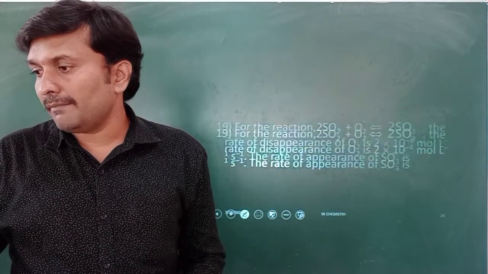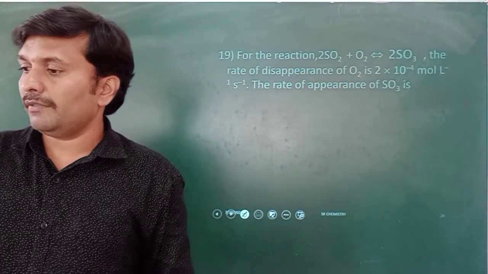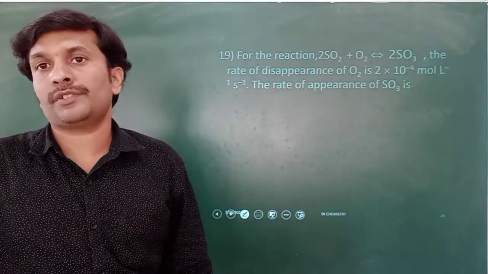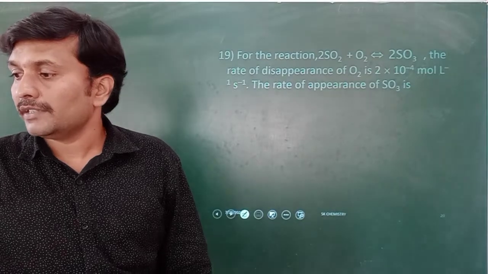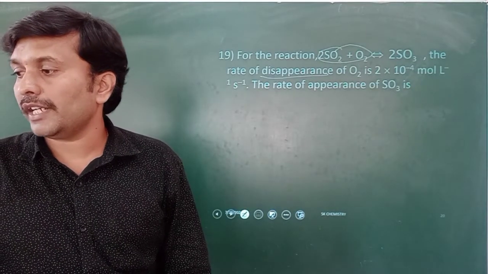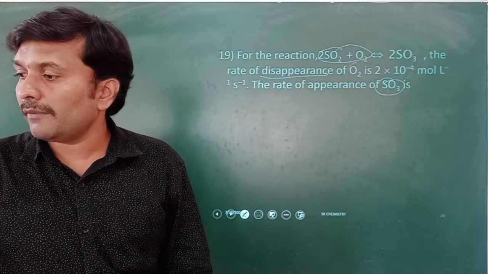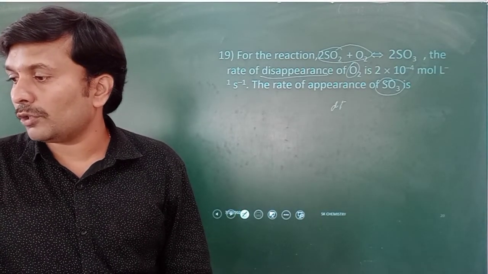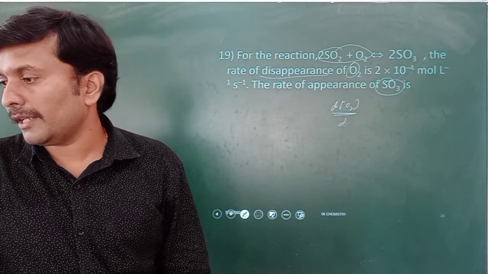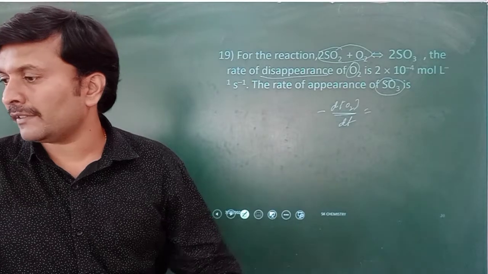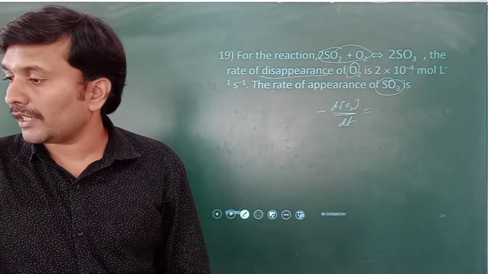That speed is important. See, for the reaction we have been given this. So this is chemical kinetics. It should flash to you that it is chemical kinetics. The rate of disappearance with relation to reactants, they have given the rate of appearance of SO3. So they want oxygen and SO3, which means you should be aware that d[O2]/dt is equal to minus 1 by 2 d[SO3]/dt. The minus doesn't make any difference here for the calculation.